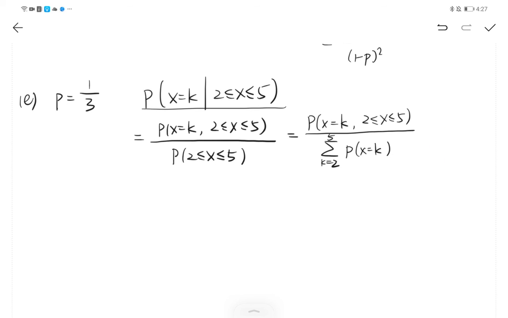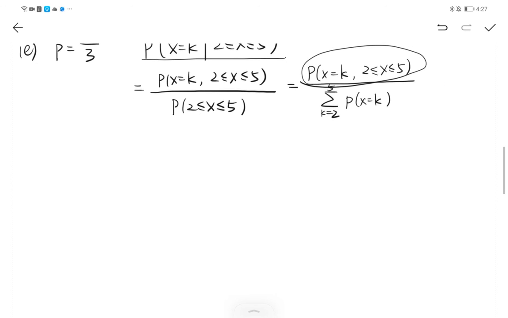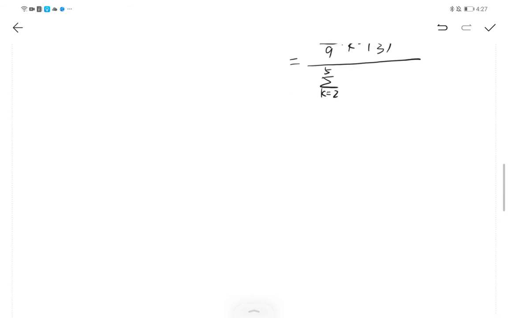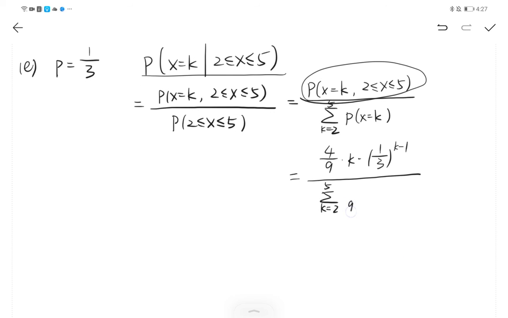So this one is the probability of X equals k. It equals 4 over 9 multiply k multiply (1 over 3) to the power k minus 1. And this is a sum: the sum of k from 2 to 5 of 4 over 9 multiply k multiply (1 over 3) to the power k minus 1.